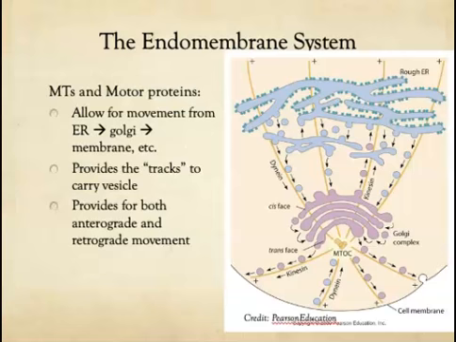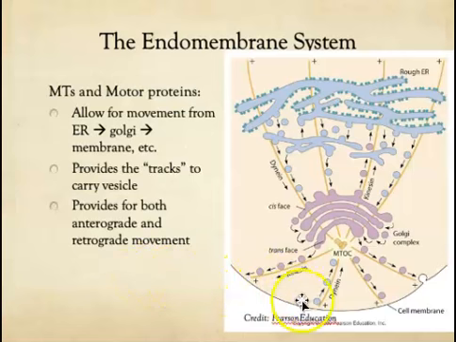Now, if you think about the anatomy of this, the structure of this, remember that the negative end, the minus end, is going to be what faces the microtubule organizing center. The positive end is going to be away from the centrioles.